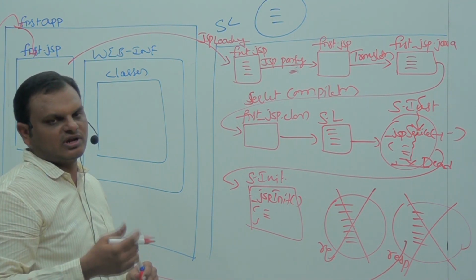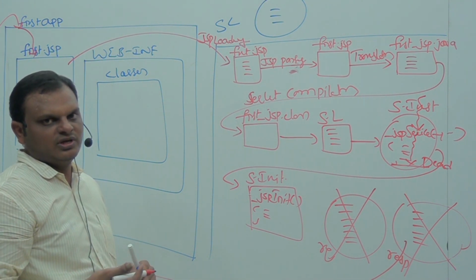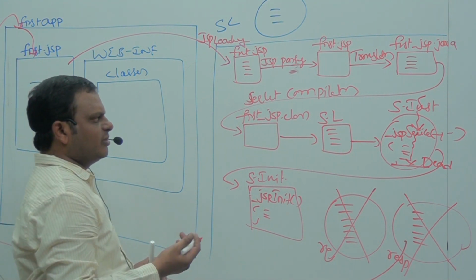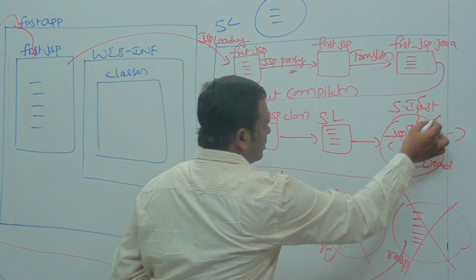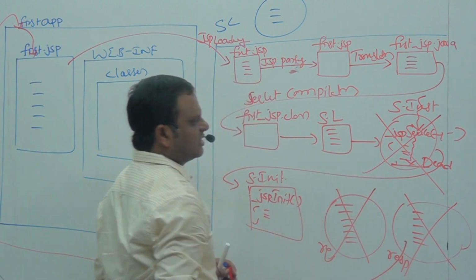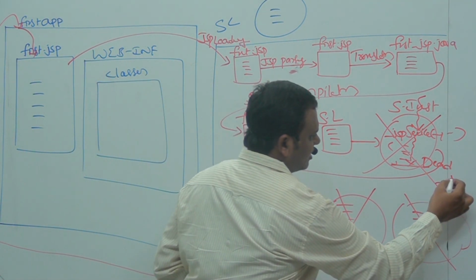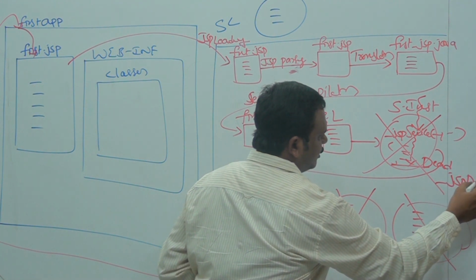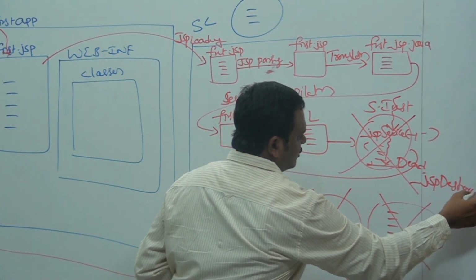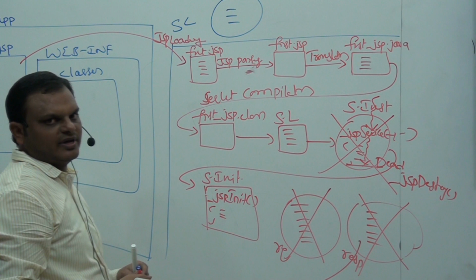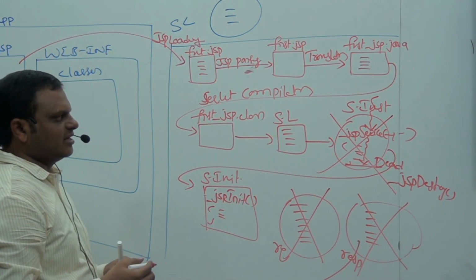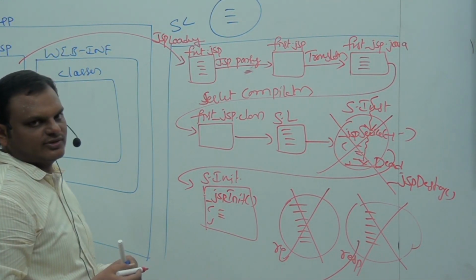When further requests are not coming to the same resource, the container performs servlet deinstantiation. To perform this, the container internally calls the _jspDestroy method. This _jspDestroy method is executed by the container to perform servlet deinstantiation.